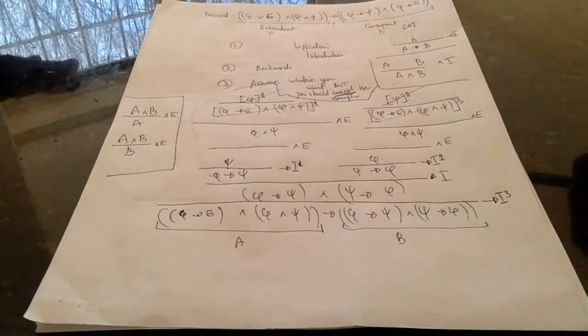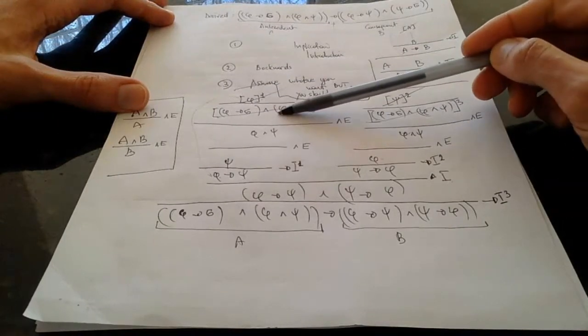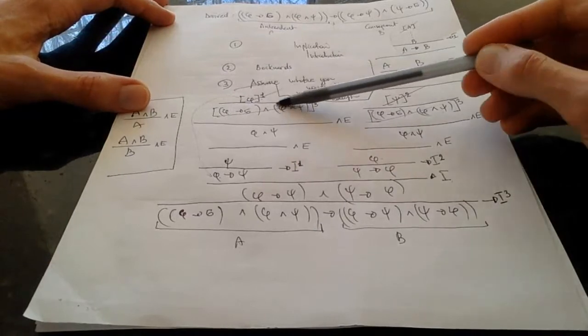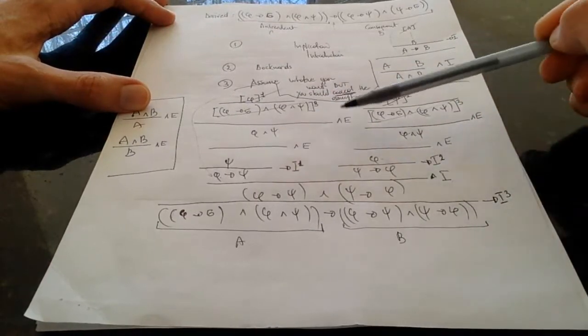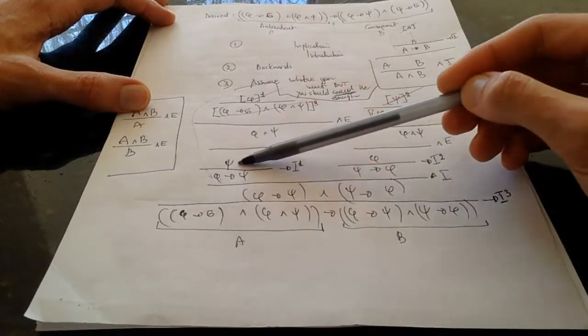We can maybe double check, so let's double check. So we have assumed this, you can assume whatever you want, so that's fine. Now from this we got out phi and psi with the conjunction elimination. We do conjunction elimination again, we got psi.